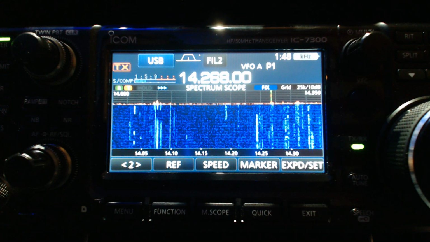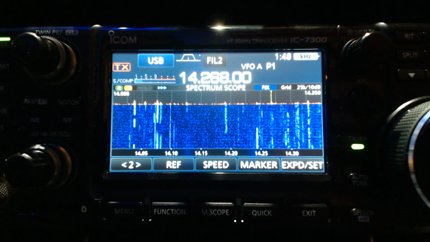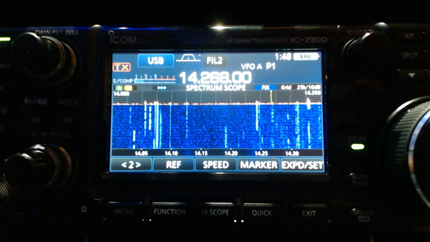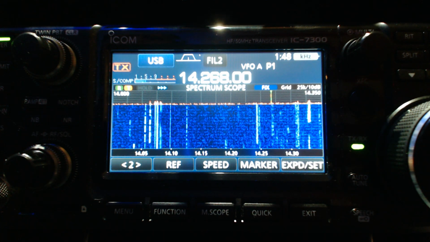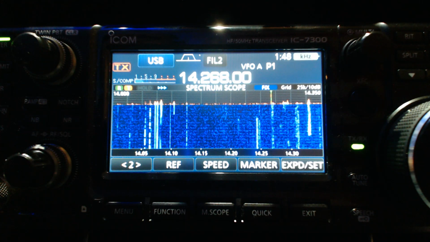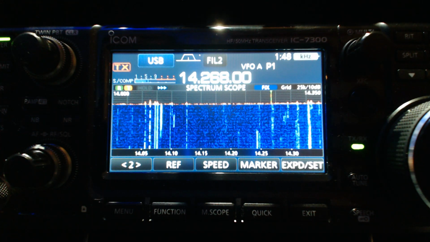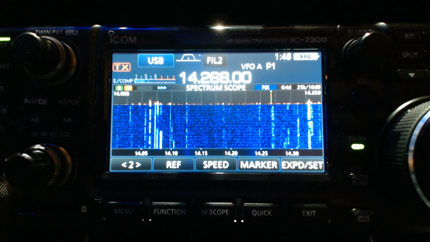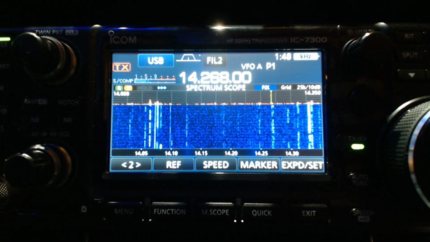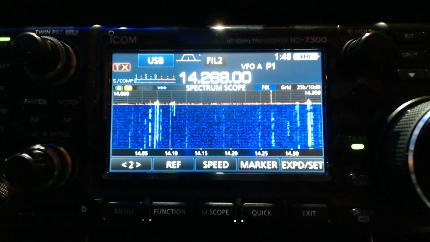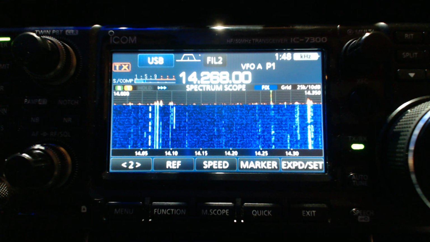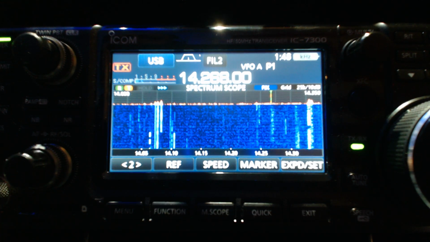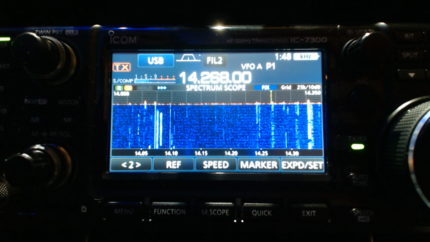So the T in RST report refers to the tone, but its application is specific to certain types of communications, particularly CW. So again, in sideband or AM or FM, the tone component of the report is typically not included or even necessary.